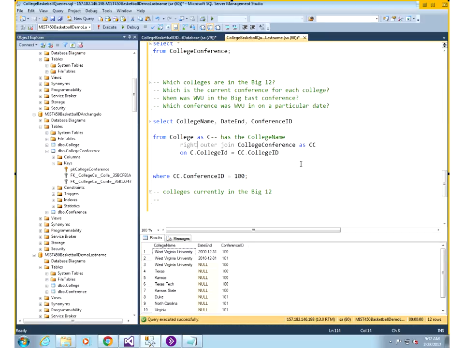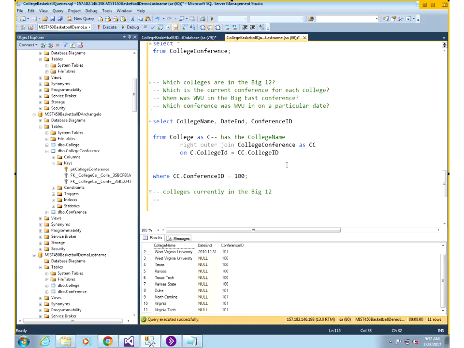And if I do a right outer join, how many did I get? 11. So the right outer join is giving me the same result as an inner join, while the left is giving me something that's the full outer join. Why is that so? Okay, Megan?